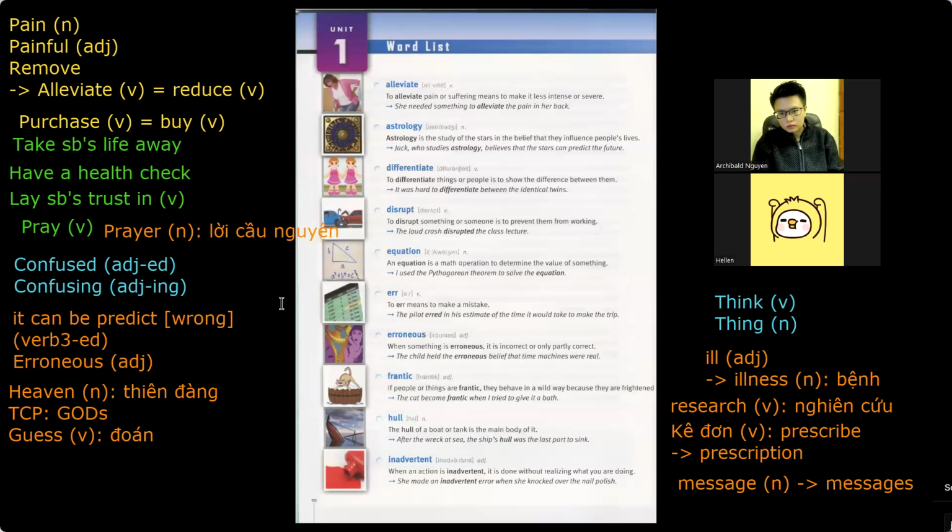That is going to be used for people, for things, for animals, for any kinds of things that you can mention. So I can only lay my trust in medicine, prescriptions, and doctors that I can use to alleviate my pain.